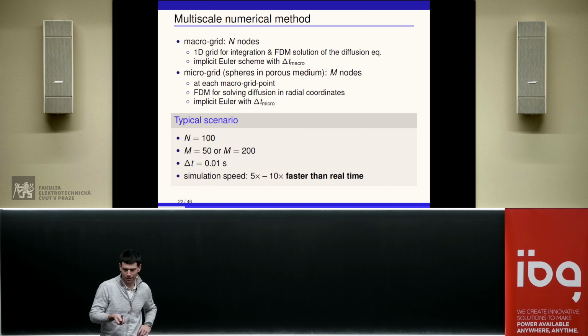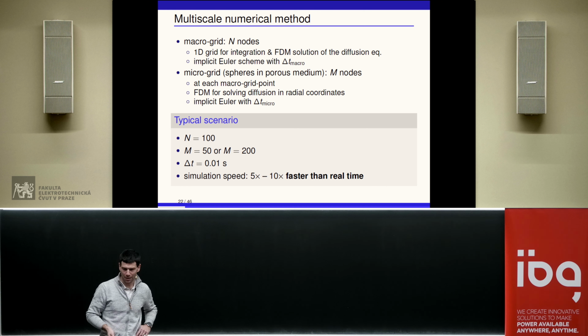We have basically a very simple finite difference method or finite difference grid, which is then used for integration as well. This is just a 1D case, for the spatial dimension. The same holds for the radial dimension that describes the diffusion in the microscopic particles.